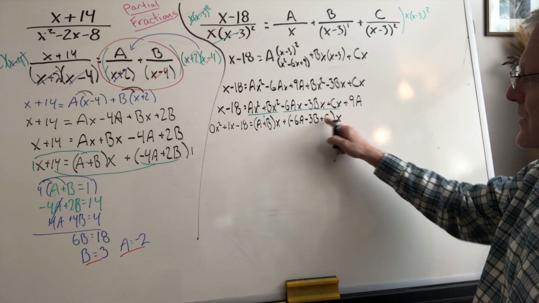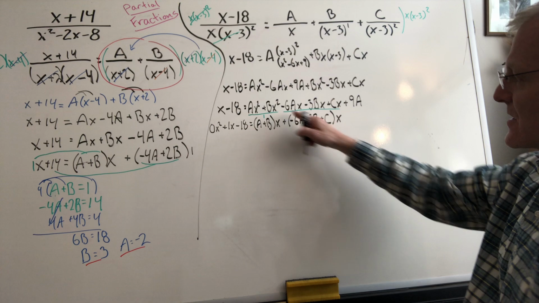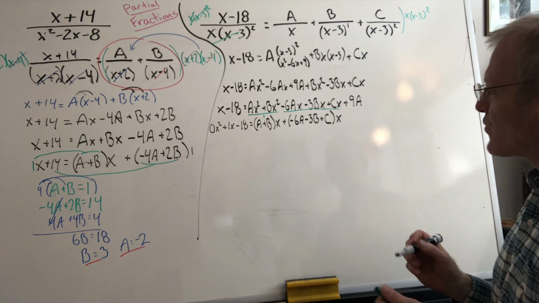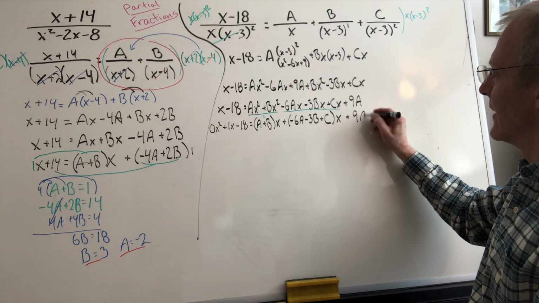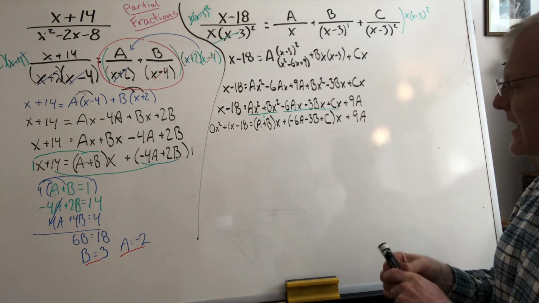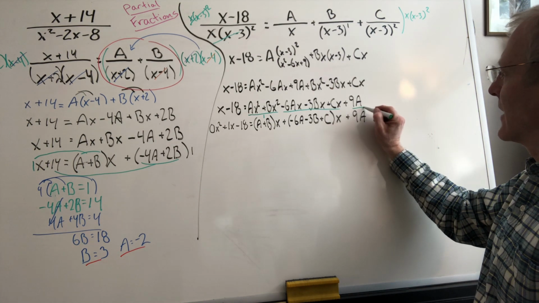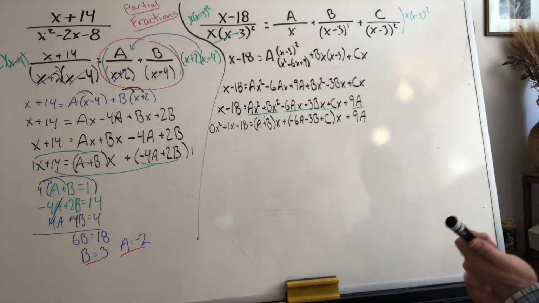Cx minus 3bx minus 6ax. There they all are, right? And then plus 9a. Right, don't forget that one. Right there, came from up there.